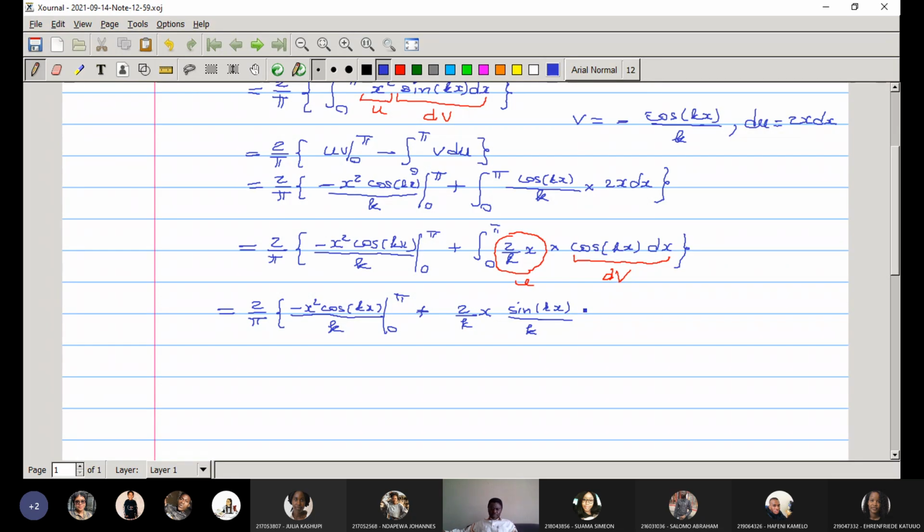Okay. Now, that is the integral from 0 to pi. So later on, we can group these two if you want, right? So minus the integral from 0 to pi of v du, right?